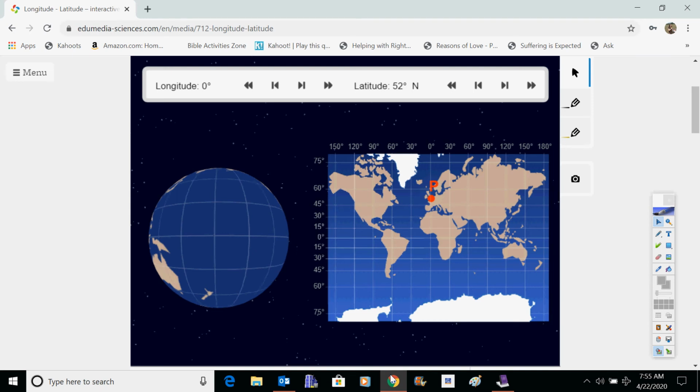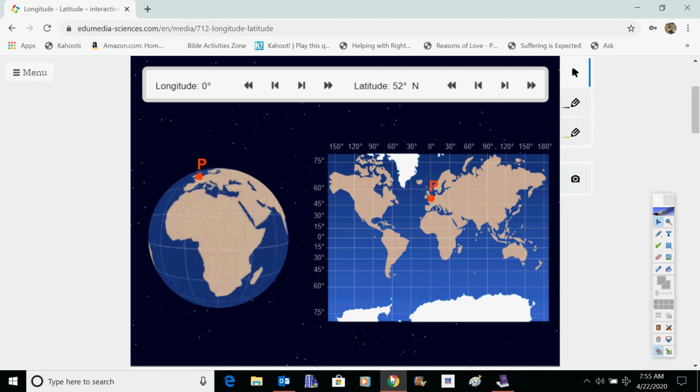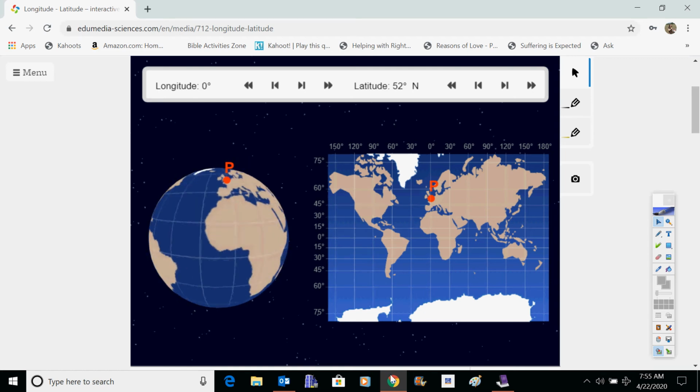The international date line very conveniently doesn't really hit land masses. That's on purpose, so that you don't have somebody walking from one day to another. The international date line is at 180, and our prime meridian is on the other side of that.